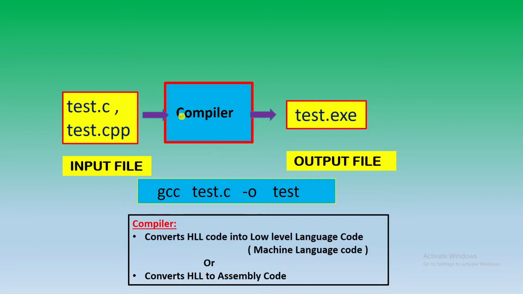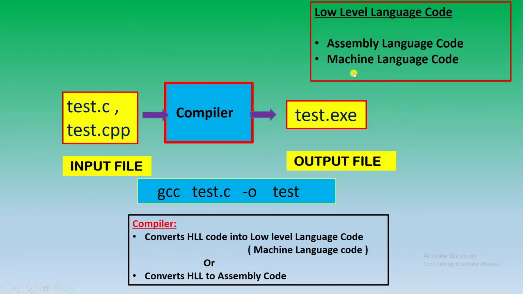You take the help of the compiler and it converts that source code, written in either C or C++, into a machine friendly code, known as low level language code. Sometimes the compiler converts your high level language code into a low level language code which can be assembly code or machine language code. Both of these are examples of low level language code.